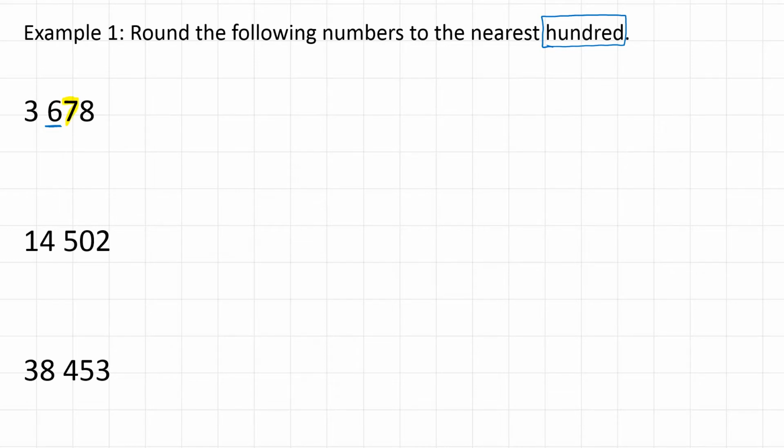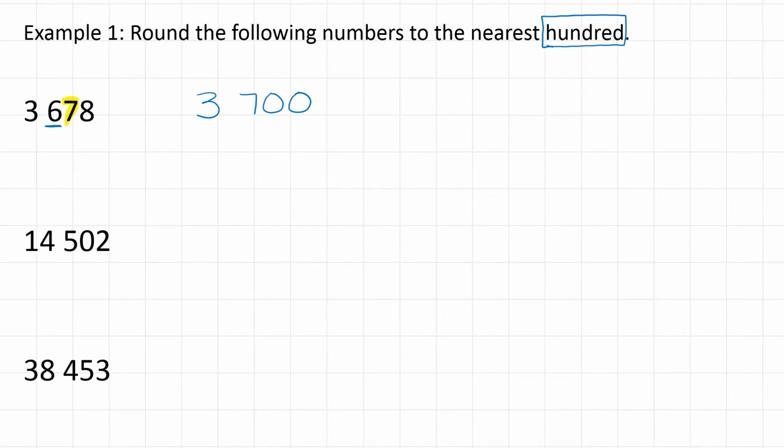And I've highlighted the digit to the right. The digit to the right is bigger than 5, so we are going to round our hundreds to the next numeral up. So the numeral that comes after 6 is 7, so we're rounding it up to 3,700. And remember, the numbers after the hundreds place become zeros. Okay, so that's very important to remember.